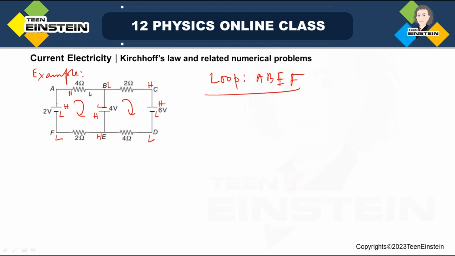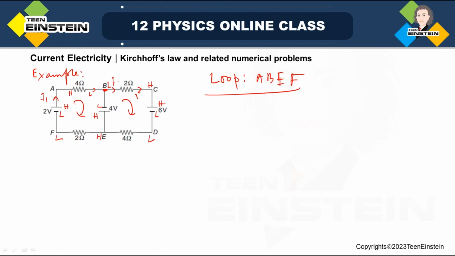Let us suppose a current I1 is flowing out from this battery, and it will flow all the way up to here, where it gets into the branches. So this is I1. I1 will come up to here, and the current will be divided into two.